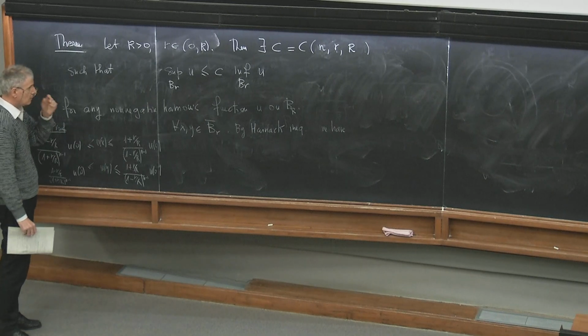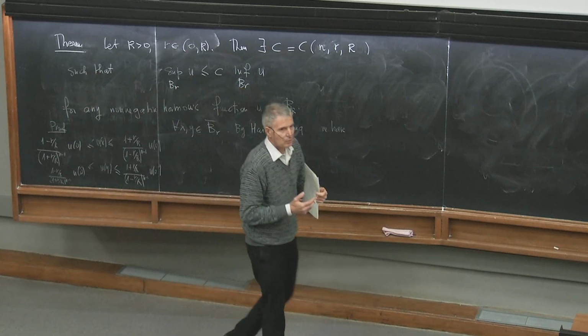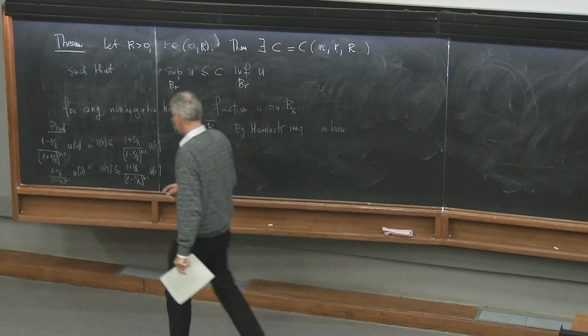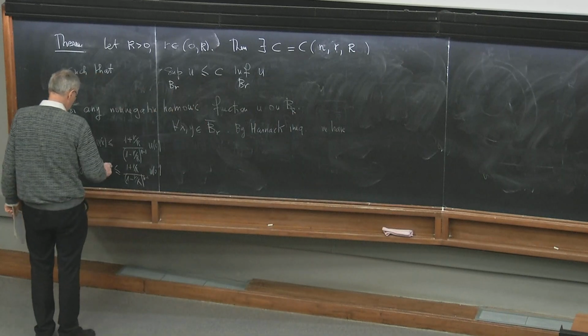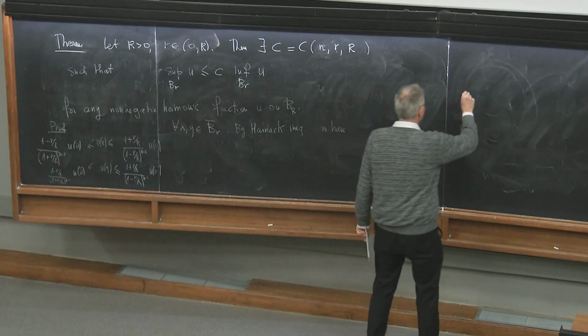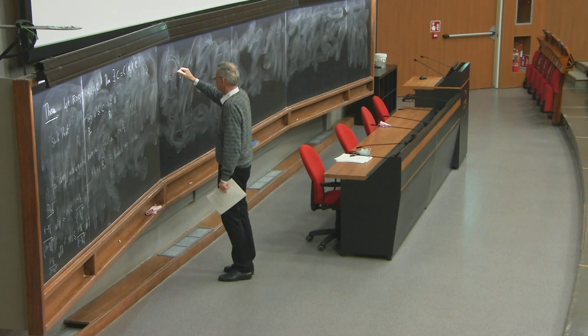So since this inequality pretends to compare the values of u at two different points, the idea is just to take a concatenation of these two. So let's try to do this. So we have, say, u of y less than or equal to this.